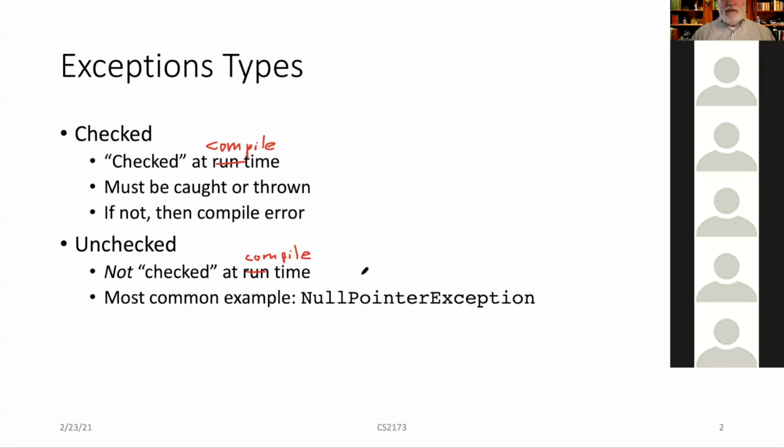Now, it is completely possible and sometimes desirable to explicitly have a try catch around an unchecked exception, such as a null pointer exception. More commonly, what we want to do is what we've done. I think we'll see an example of this in some of the code today.